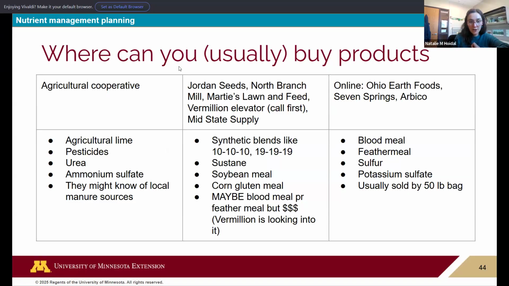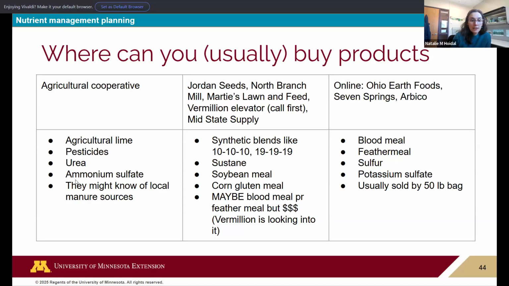So where can you buy these products? There are agricultural cooperatives all over Minnesota that serve larger farmers, and small farmers and occasionally gardeners can buy products from them. They generally don't sell organic inputs, but they can be a nice place to get lime if you need it, or they can connect you with someone local who spreads lime.